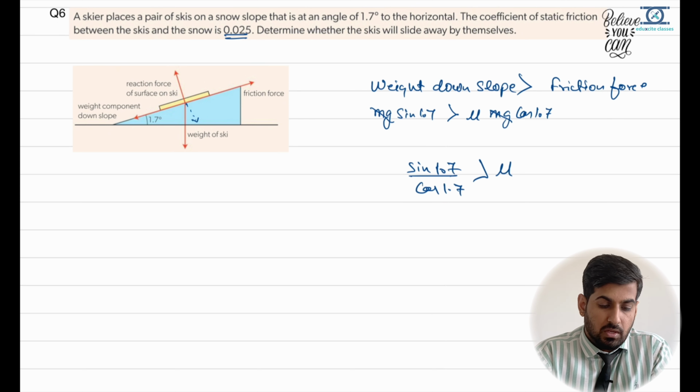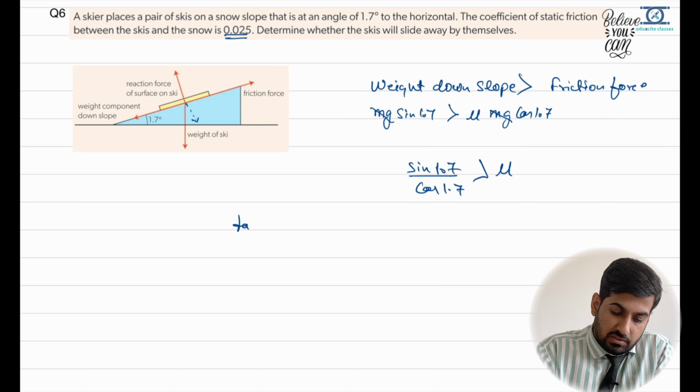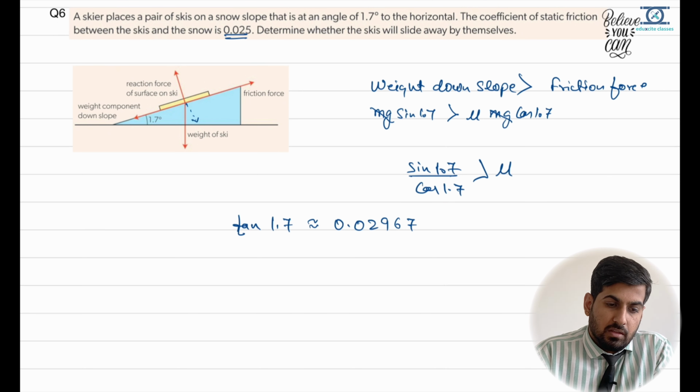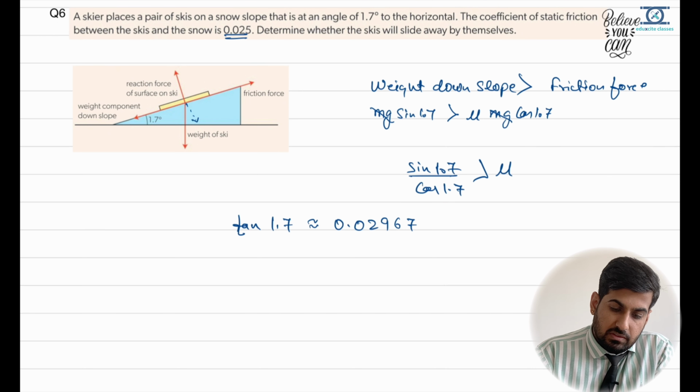So if you do this in the calculation, tan 1.7 is equal to, I have already done the calculation, 0.02967. So we can say this is greater than nu.